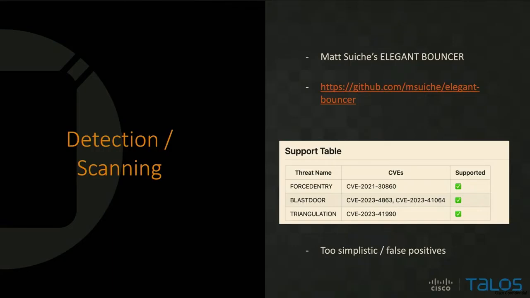He tries to make algorithmic detection of samples for these high-profile vulnerabilities. He has entries there for FORCEDENTRY and BLASTDOOR, and he added one for Triangulation. However, digging into it, the algorithm it uses is pretty naive and makes some assumptions that result in a large number of false positives. So it's not really useful to apply on a large corpus of samples. We need to really understand the vulnerability and what it's about to be able to properly detect a malicious sample.